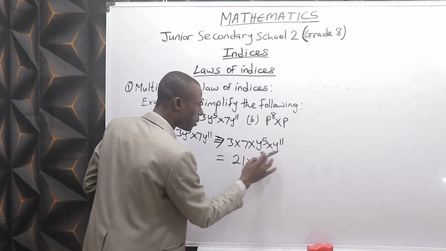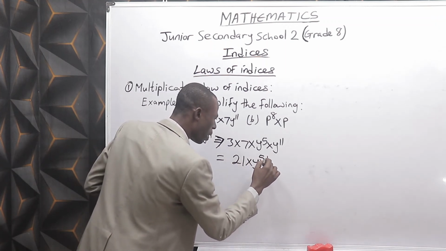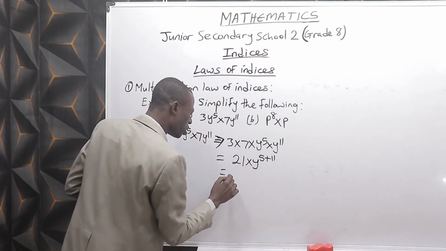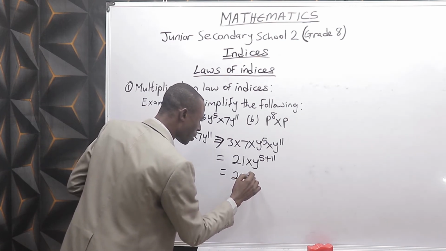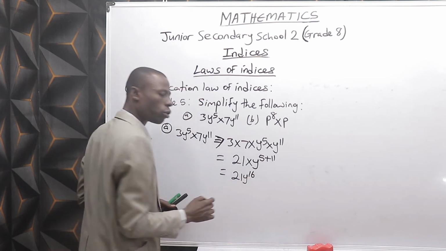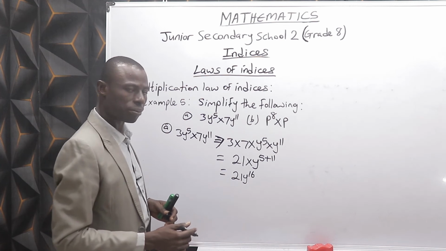I choose one of the common bases, so I now have 5 plus 11, which is 21y raised to power 16. Do you understand? So that is that for question A.